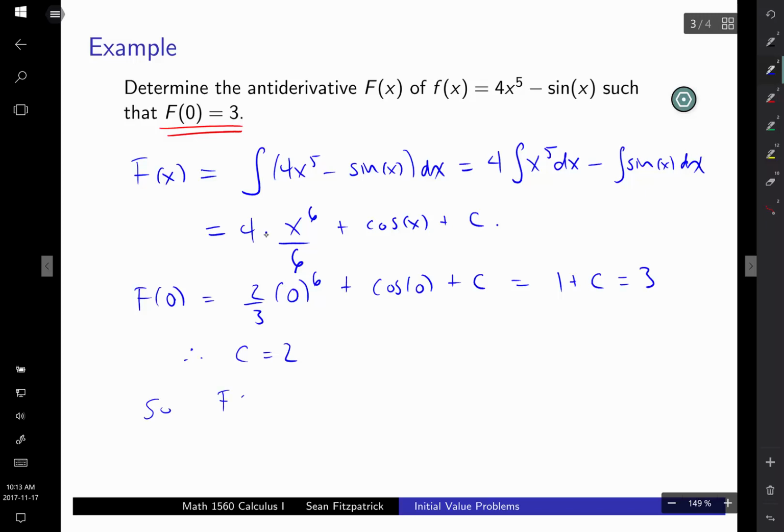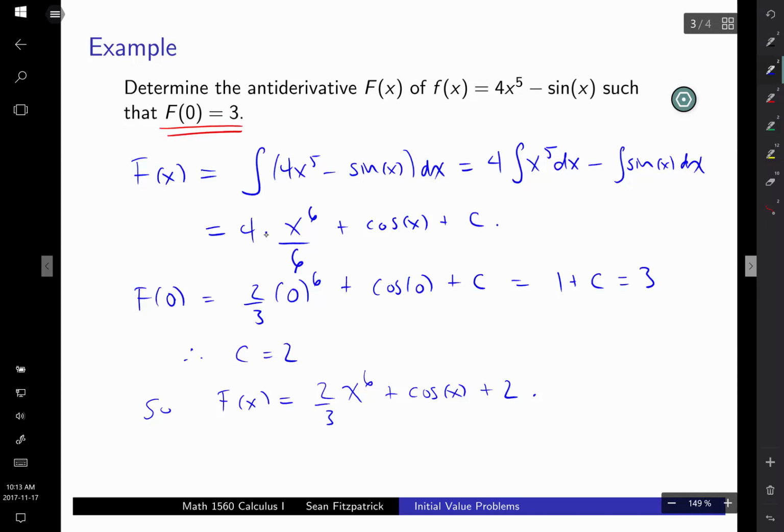So the function that does the job for me here is going to be 2/3 x to the 6 plus cos x plus 2. And you can check that indeed f of 0 is equal to 3, and that if I calculate the derivative, I get back 4x to the fifth minus sine x. So it satisfies everything that I needed to satisfy.